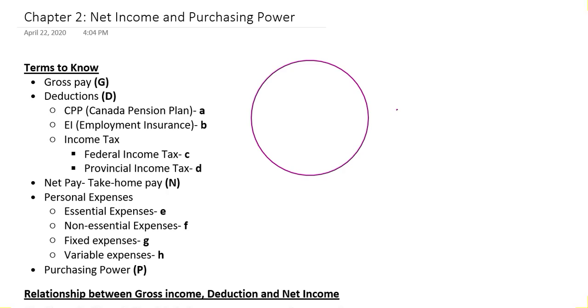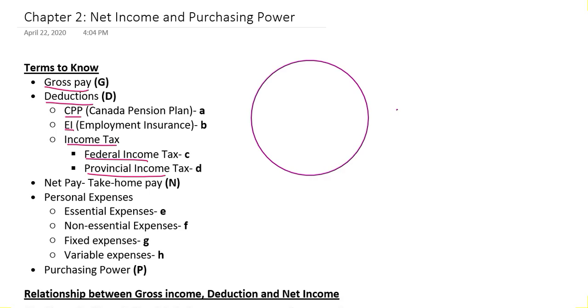Now we're going to see what it means to have your gross pay established, and then we're going to move into deductions, which is what is taken away from your gross pay, either in the form of CPP, which is your Canadian Pension Plan, or EI, which is your employment insurance, or your income tax, which is divided into two: federal, which is pretty much from Canada.ca, or provincial income tax, which is in our province, Ontario.